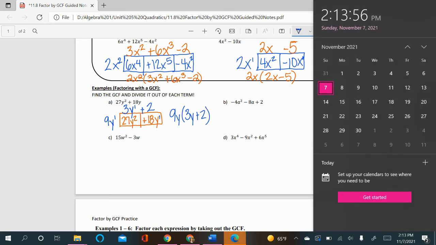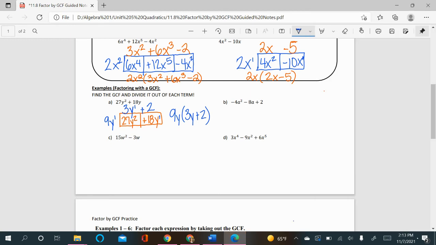All right, let's look at B. All right, so when your first number starts out as a negative, you want your GCF to include the negative.